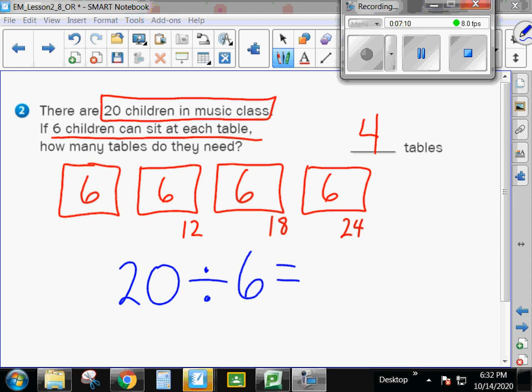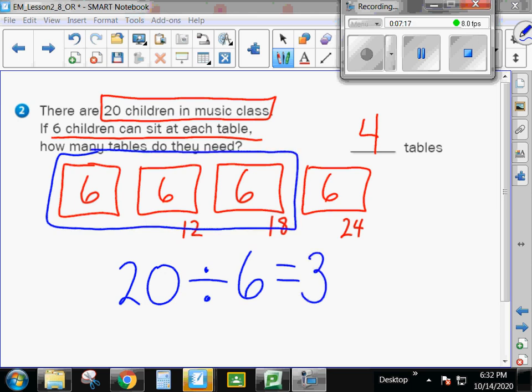Technically, and I don't expect you to have gotten this answer, it should have taken 3 tables, okay, with a remainder of 2 more. Because technically it took 3 tables and then it took an extra 2 at that other table. So technically 20 divided by 6, you got 3 full groups, and then you've got a remainder of 2 at the other group.